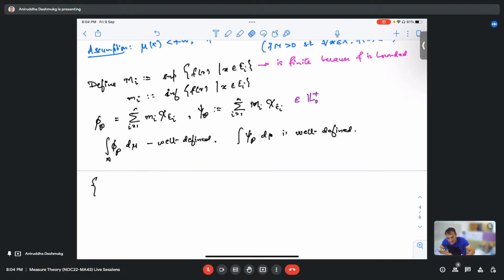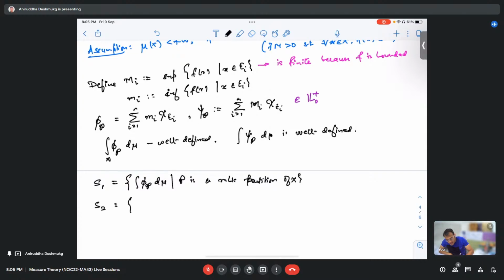Let us look at a set, let us call it S1. S1 is the set of all these integrals of phi_P, where P varies over measurable partitions. Let us look at S2 as the integrals of psi_P, where P is a measurable partition.